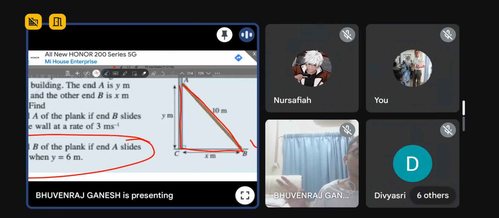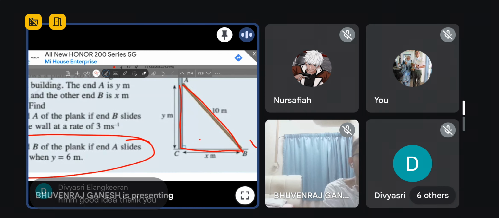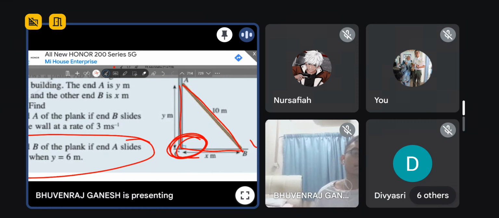Because the diagram can provide a lot of information, especially in AdMaths. So why they put the symbol here? Because it's showing you is 90 degree. You must be aware of the details, guys. So you see 90 degree, always straight, Pythagoras theorem. No matter what topic, always there will be something to do with Pythagoras theorem. Okay, kamu akan jumpa nanti.